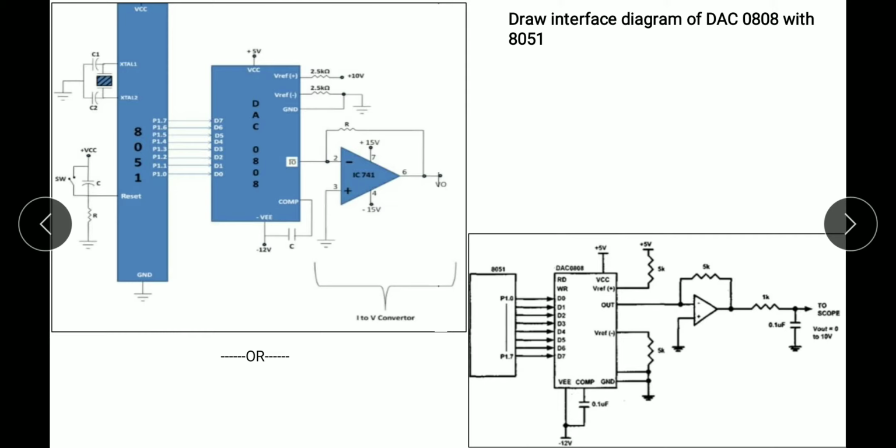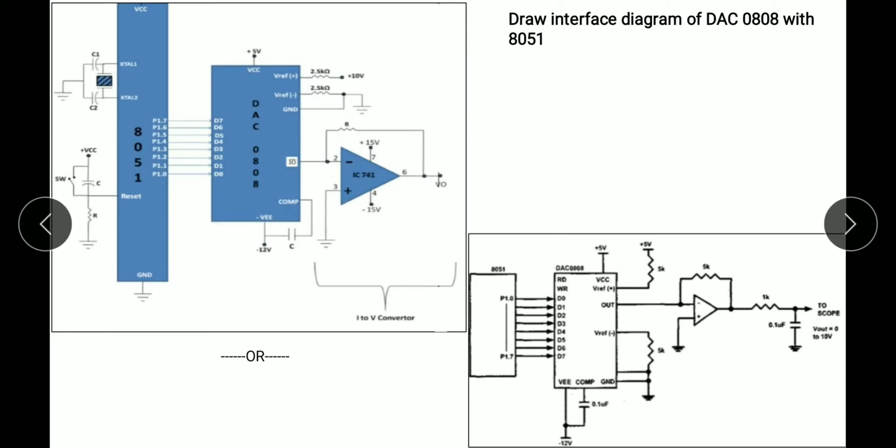DAC 0808 is what we have to interface with the microcontroller. After that, here if you see, this op-amp IC 741 is given. This is the non-inverting terminal, and the inverting terminal is connected to the output, and here the non-inverting terminal is connected to ground.